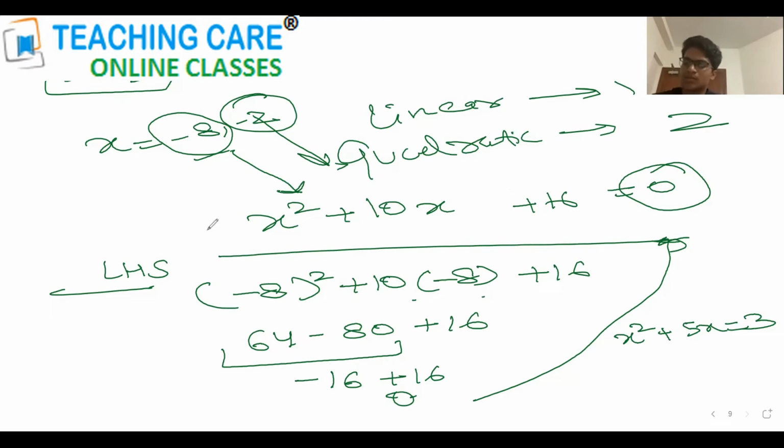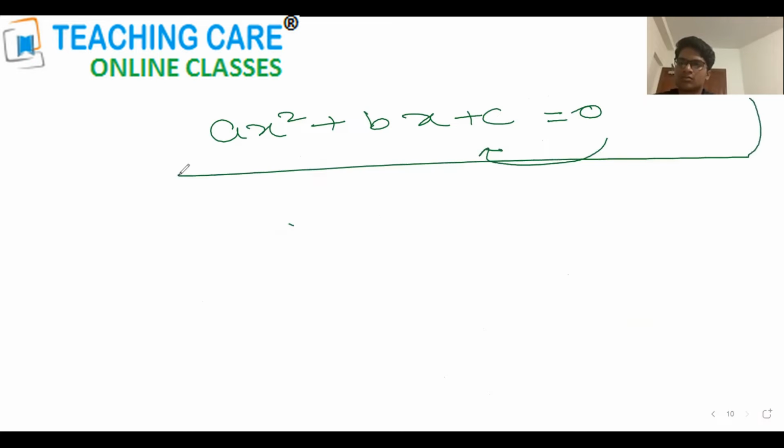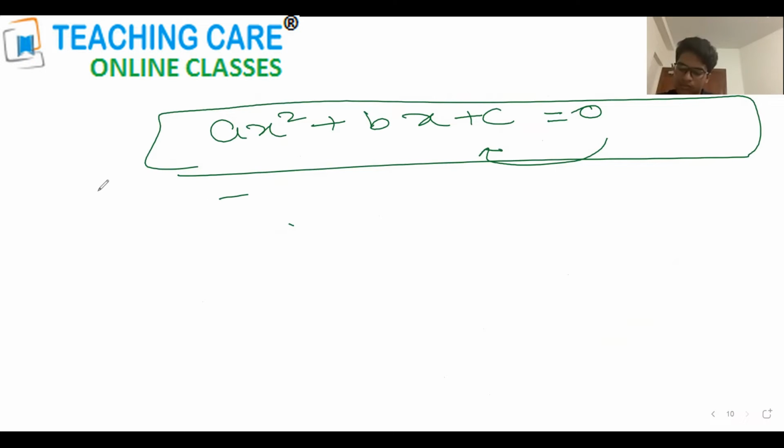Remember the general form we discussed earlier when we were doing factorization, ax square plus bx plus c. When we have an equation, we just equate it to 0, because we are taking all the constants to the left side. So nothing is there on the right side except 0. Any other doubt? No, I think that's it.